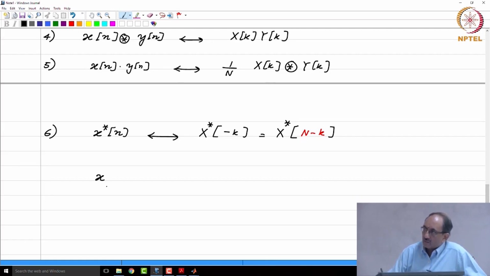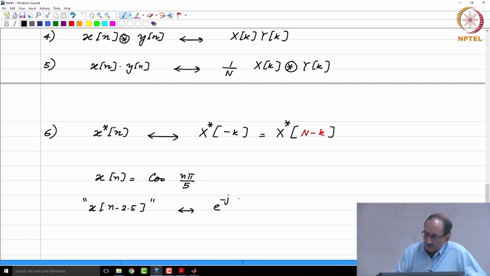I had a sequence x of n, and this was cos n pi by 5, and we needed to shift this by 2.5 samples, which means in the transform domain you had to do this.